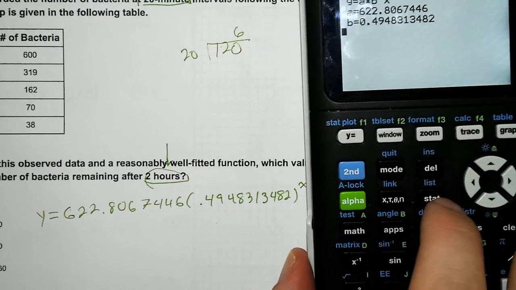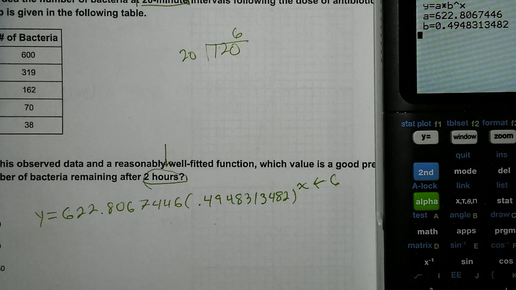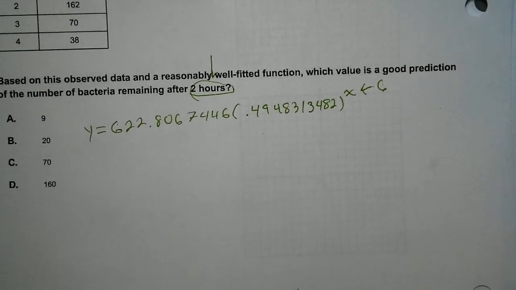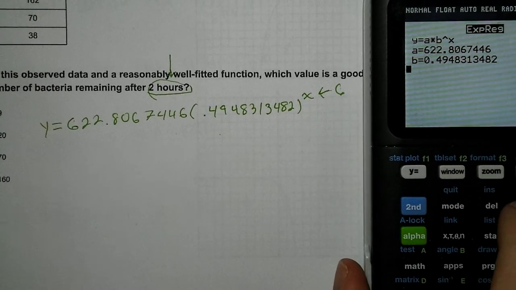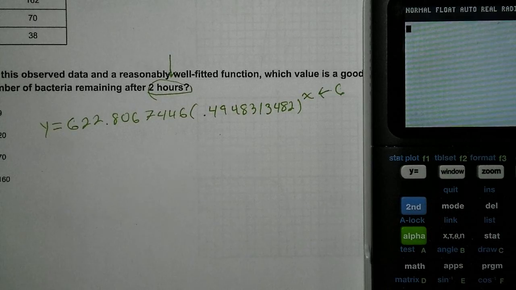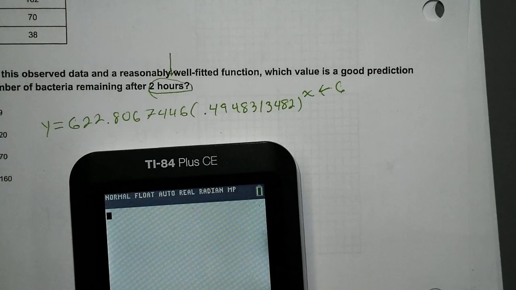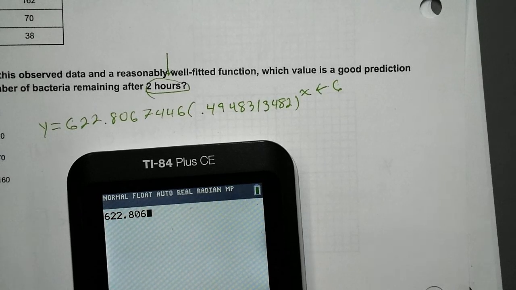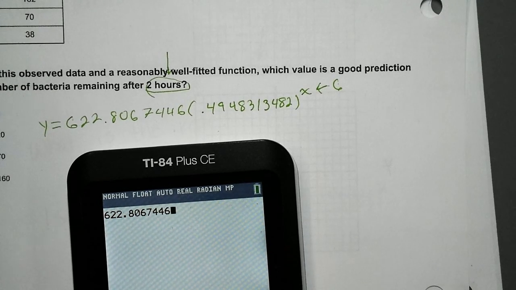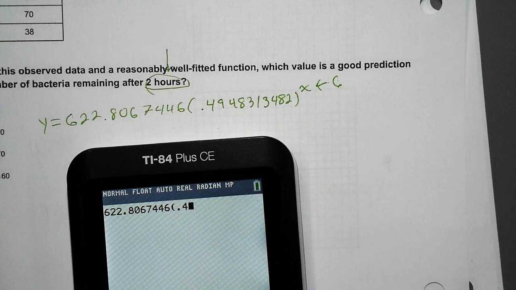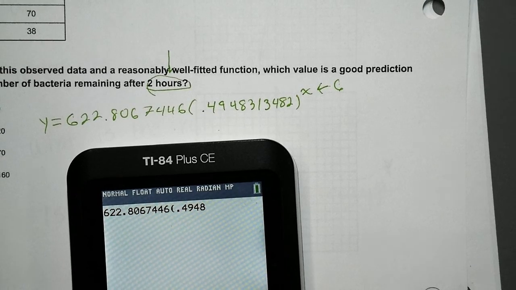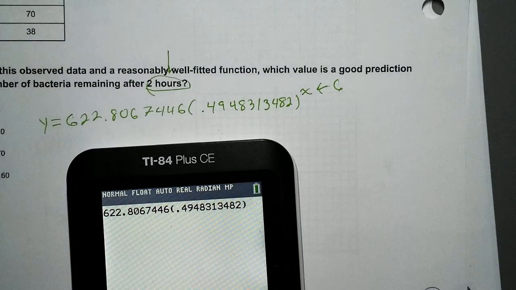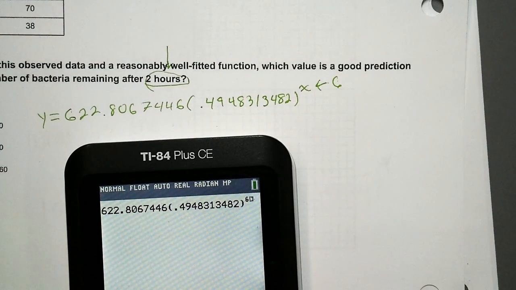So let's type this in our calculator exactly, and you can either graph this and find where x is 6, or we can type in the equation exactly just as a calculation. So I'll do both. 622.806746 times 0.494831348 and raise that to the 6th.